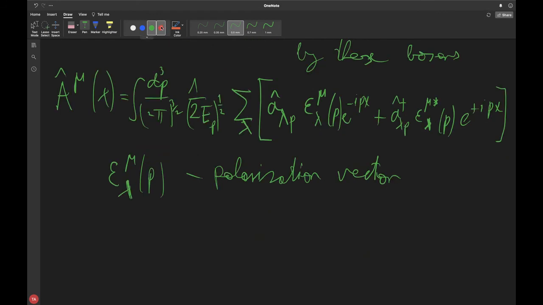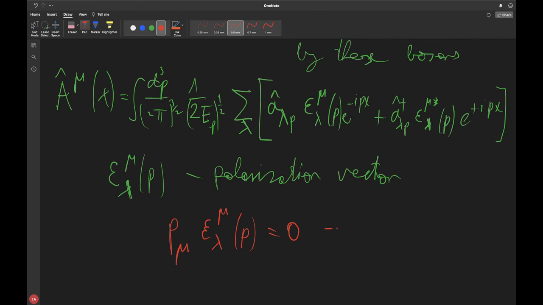And we know about this that for massive particles, it obeys that p^mu epsilon_lambda,mu(p) is the same as 0. So this means there are 3 independent polarizations of a massive vector particle.